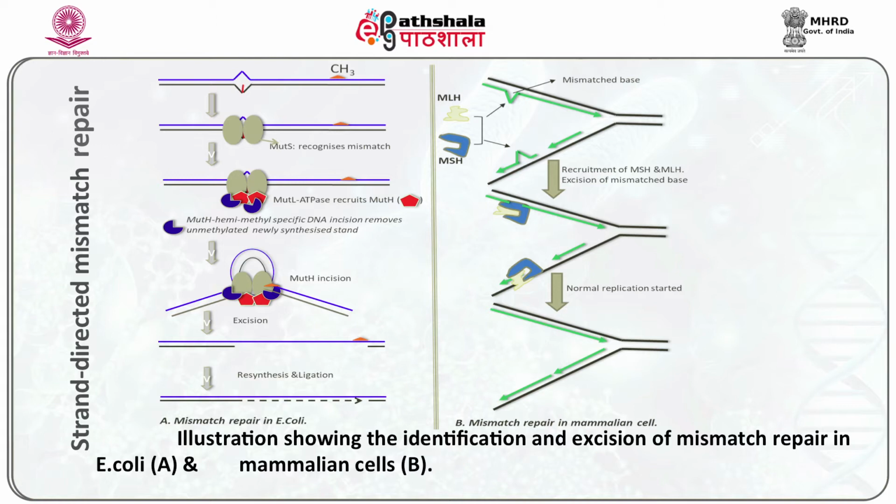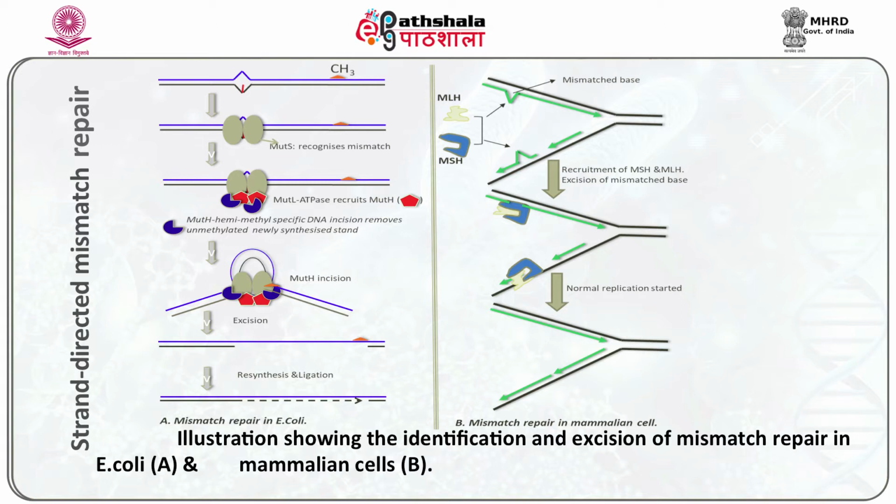Eukaryotic and mammalian cells lack Mut-H. The MSH and MLH are eukaryotic homologs of Mut-S and Mut-L. Eukaryotes have multiple Mut-S-like proteins with different specificity. Some are specific for simple mismatches, whereas others recognize small insertions and deletions.